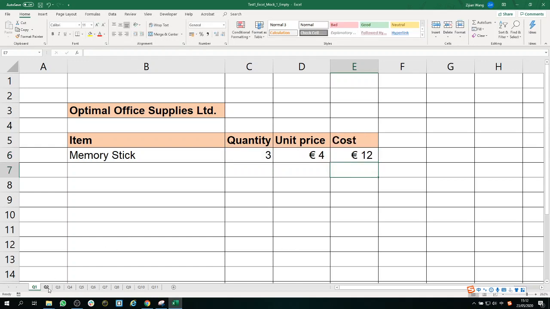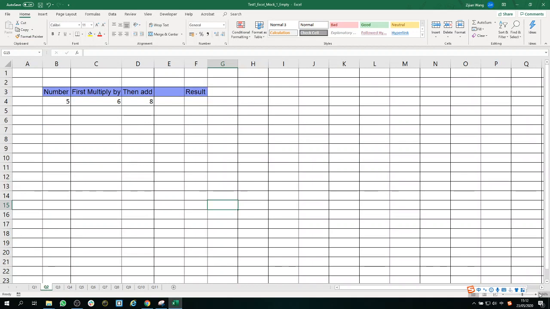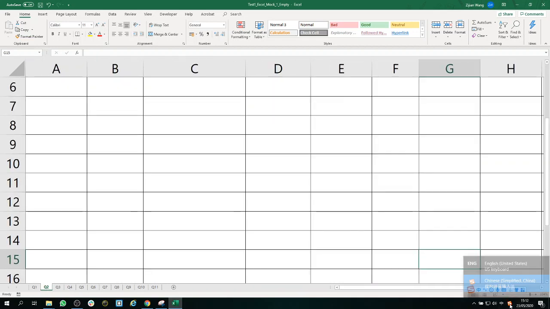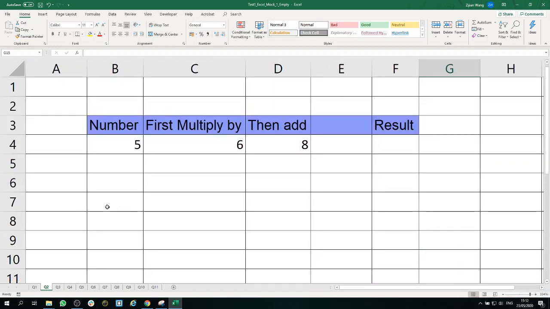Okay, let's go to question 2. Enlarge it. Change to English. Here we have a number 5, and first multiply by 6, then add 8. The result would be 5 times 6 and add 8.